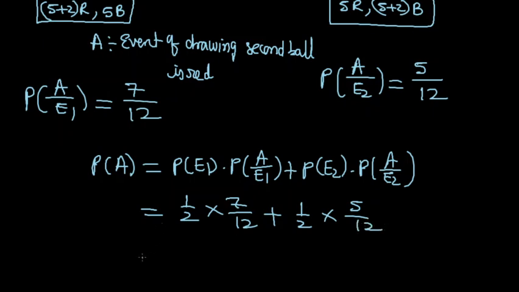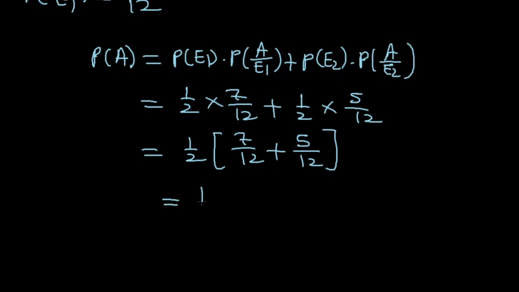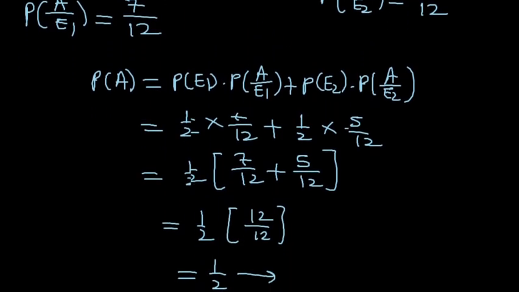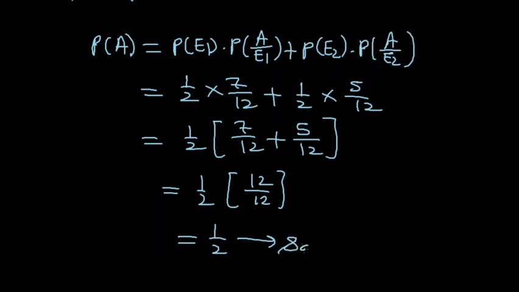Taking 1 by 2 common, 7 by 12 plus 5 by 12 is 12 by 12, so the result is 1 by 2. The probability that the second ball is red is 1 by 2. This is the solution. That's all.